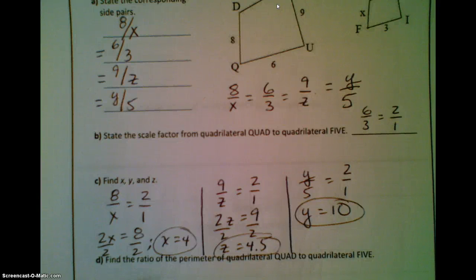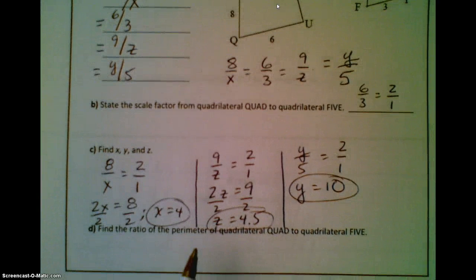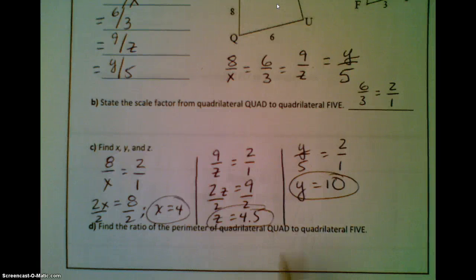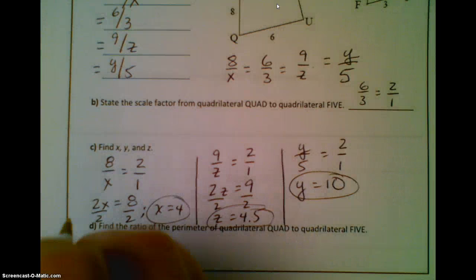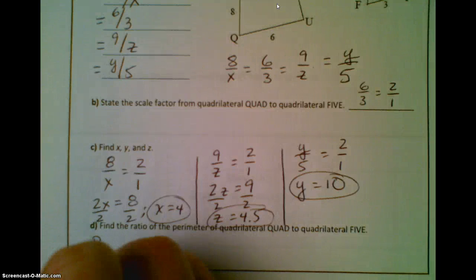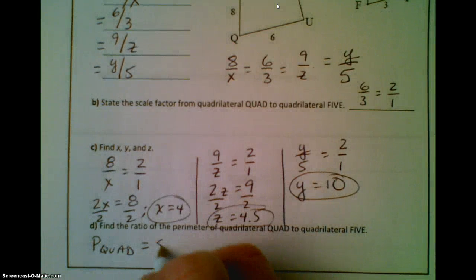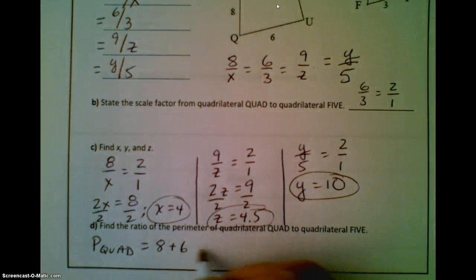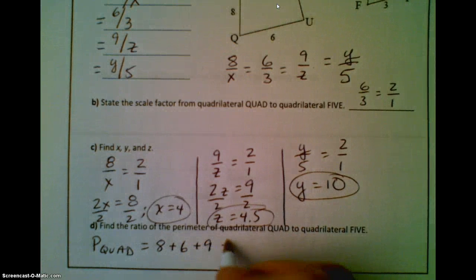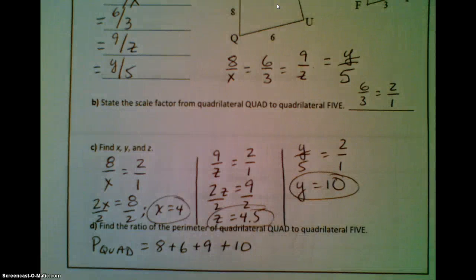Part D, we want to find the ratio of the perimeter of QUAD to FIVE. The perimeter of QUAD is going to be 8 plus 6 plus 9 plus what I found for y, which is 10.